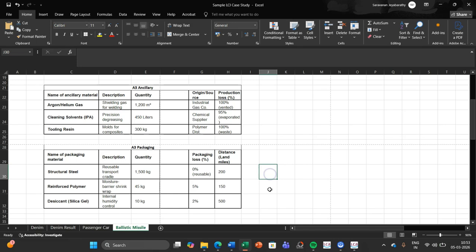But most of the time these ancillary and auxiliary materials may go out of the system boundary under the cutoff criteria. Normally we prefer less than 1% of the mass we don't consider, due to the very insignificant contribution to the overall environmental impact. Sometimes ancillary materials may go out of the system boundary from that perspective, but sometimes it would come into the picture depending on the nature of the material.